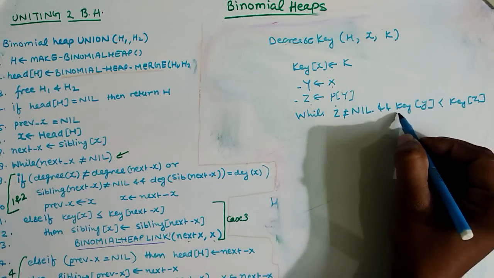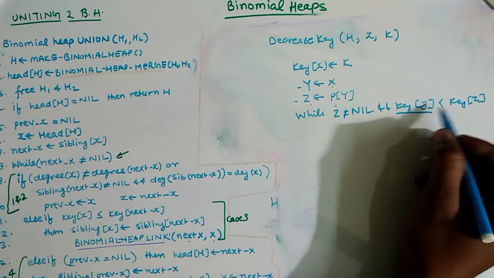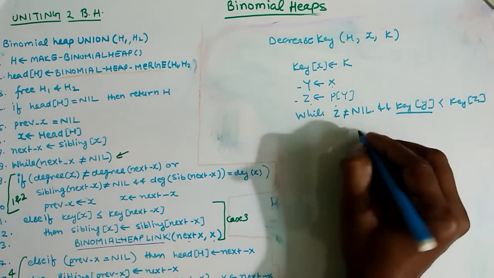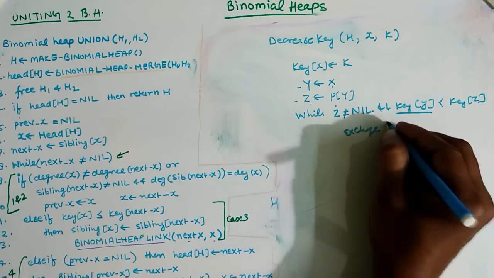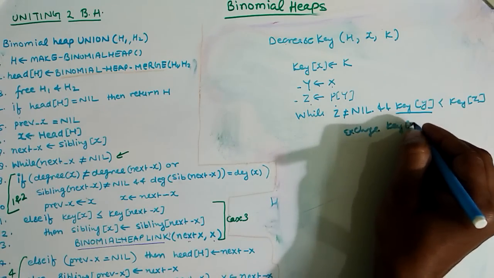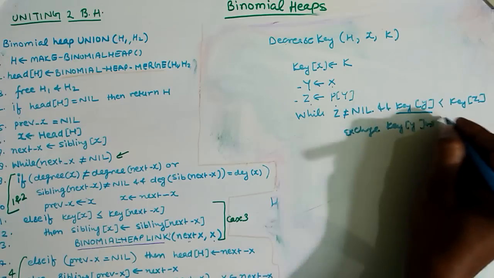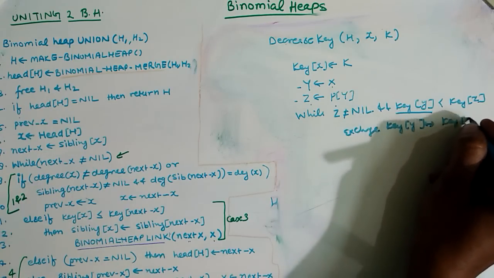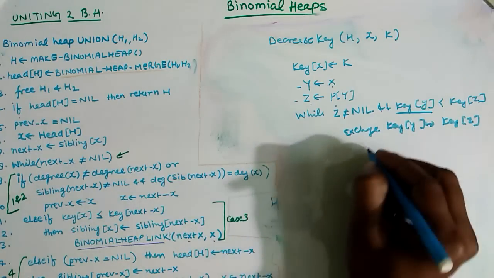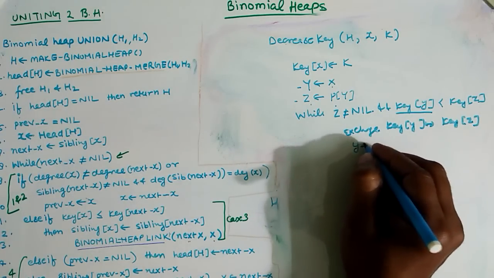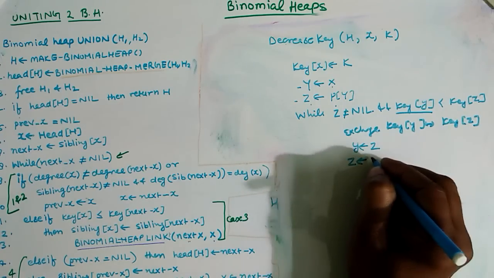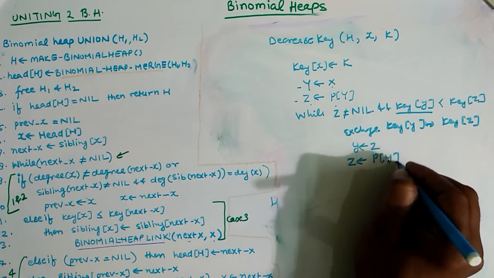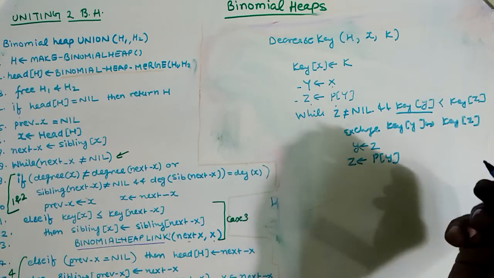If we find that the key is smaller than the parent's, then we just exchange it. So we exchange the key of y with the key of z, and then y is updated to z, and z is updated to the parent of y, and similarly it goes in the upward direction.